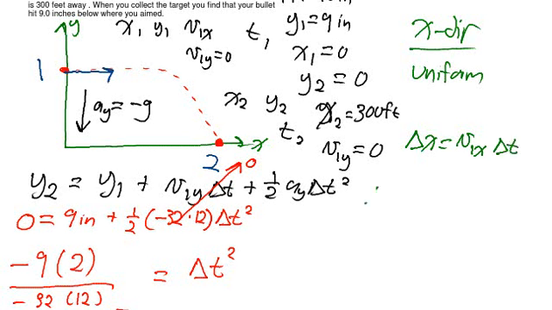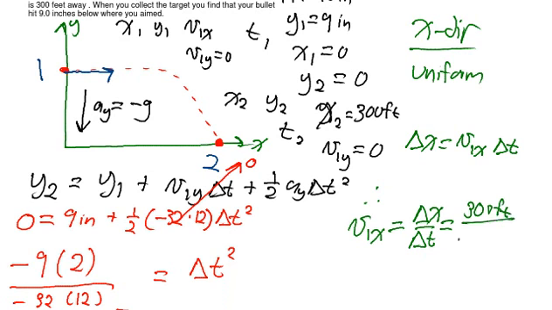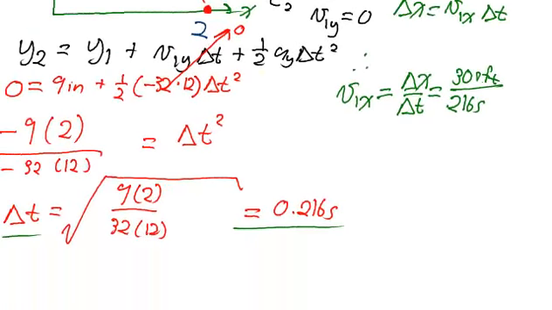Therefore, v1x is going to equal delta x divided by delta t. So that's going to be our 300 feet divided by our 0.216 seconds.